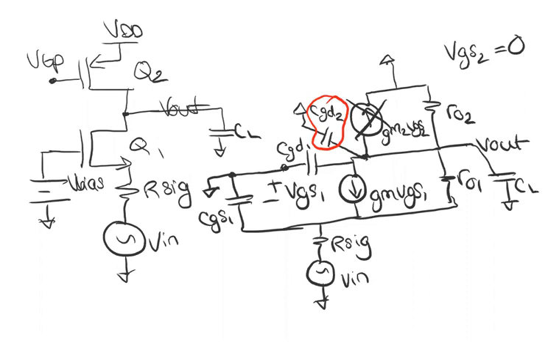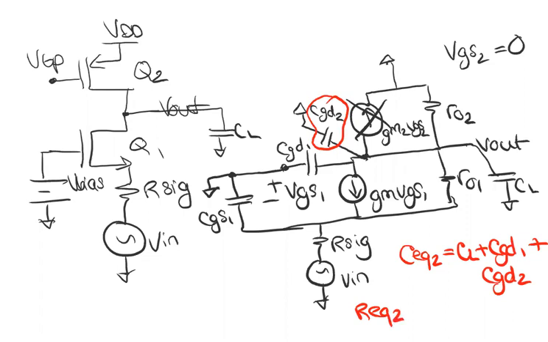So what you will have is your C equivalent of pole 2 will now be CL plus CGD1, which was the original one we had with a load resistor, plus CGD2. So we add a little extra capacitance at the second pole. We also can say that R equivalent 2, which was our output equivalent resistance from the V out node, in the prior example was RL in parallel with roughly R01.